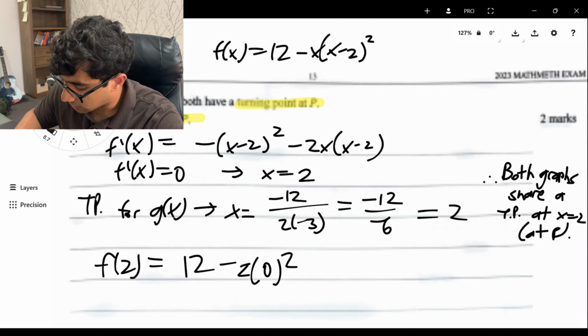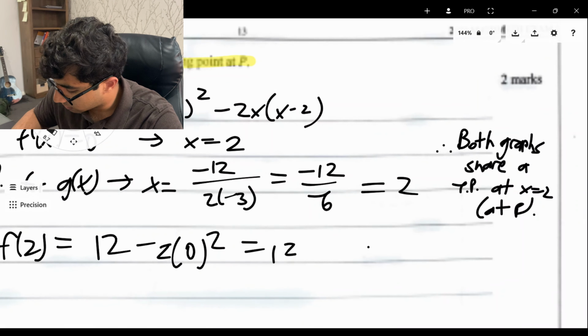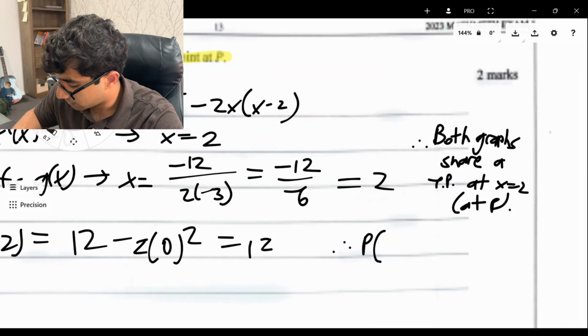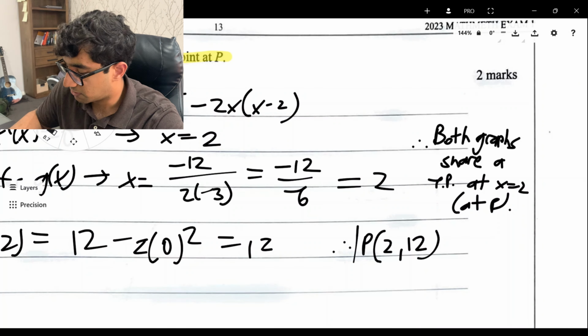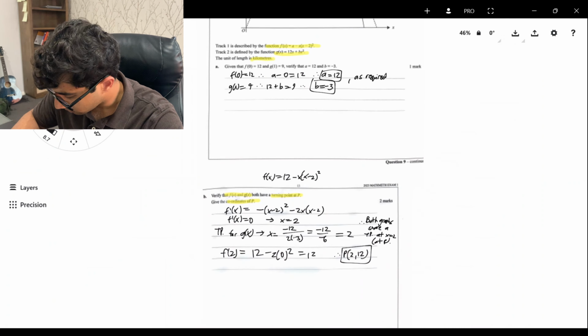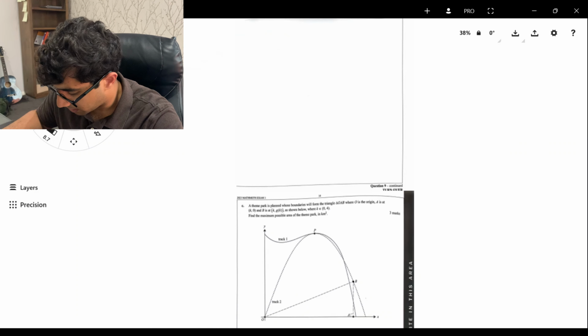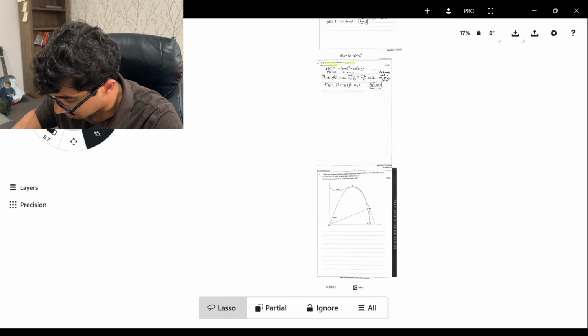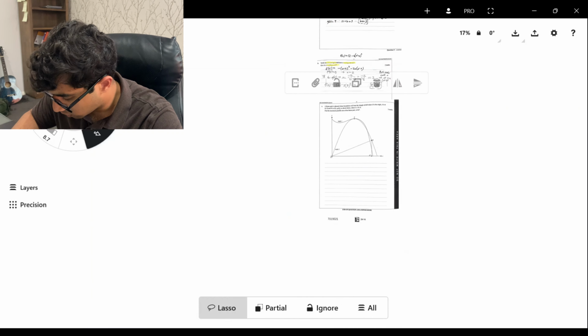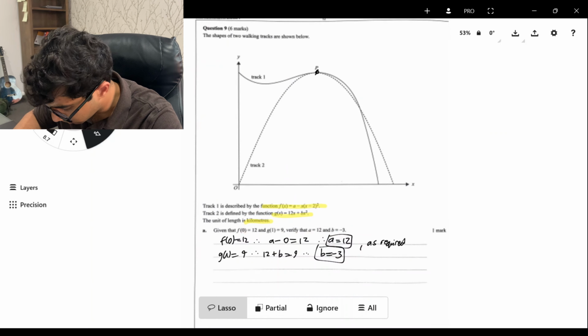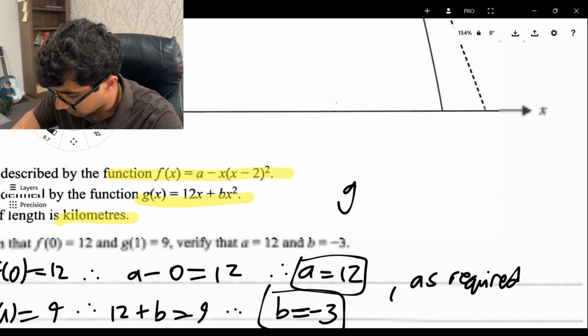So that's just equal to 12, so therefore the coordinates should just be 2, 12. Okay, that should be fine. 2, 12. Great. And let me bring this question up. So 2, 12, is that fine? Let's see. I'll check the other one just to be careful.